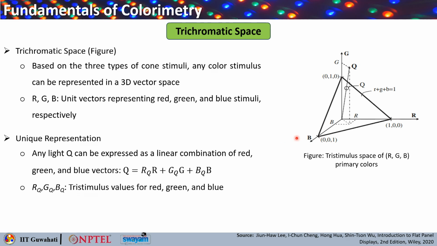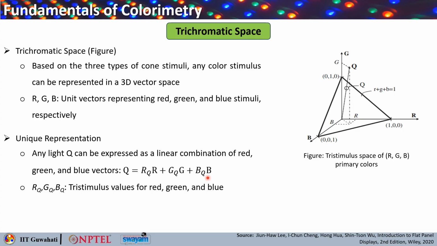Now, how do you represent any light? Say you have a light Q that can be represented as a linear combination of red, green and blue vectors. So, you can have R_Q R plus G_Q G plus B_Q B. That is the Q vector.